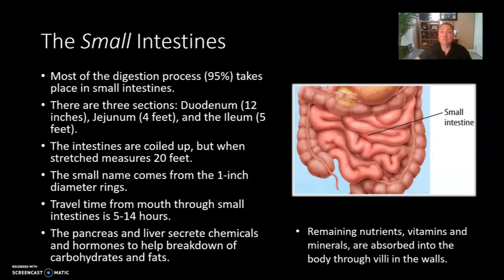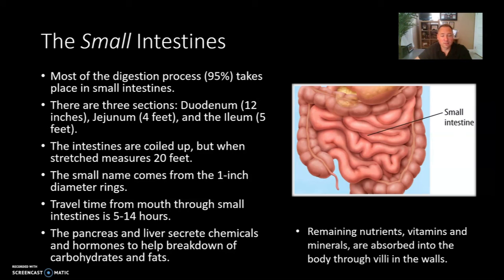Now, the travel time from the mouth to the end of the small intestines is about 5 to 14 hours. It can be very quick or it can be slow. Again, it all depends on some of the previous factors that I discussed: type of food you eat, any digestive issues, physical activity.